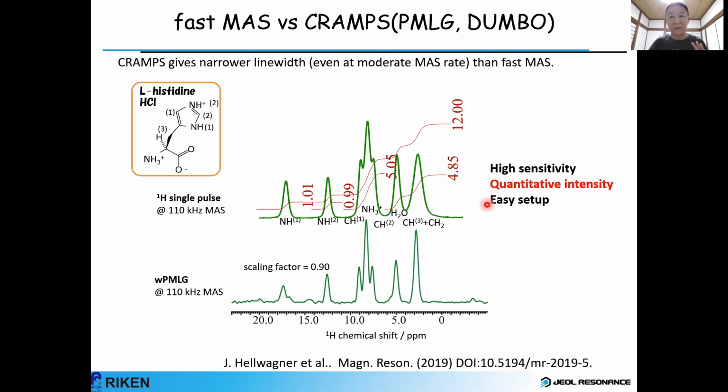Another advantage is easy setup. In the fast MAS experiment, all we need is to spin fast and then pulse it, and we can get this kind of spectrum. So my answer is, yes, we can get good resolution with the CRAMPS experiment, but still fast MAS is quite beneficial in many different cases. Right, thank you.